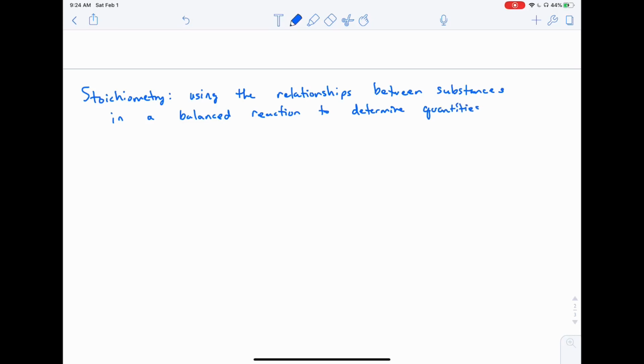That's kind of a strong definition, but that's the idea. So using relationships between substances in a balanced reaction to determine quantities needed or quantities produced.